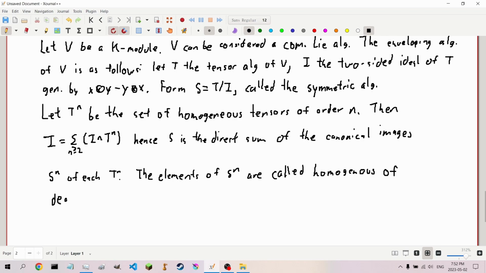And keep in mind why we start at degree 2, because this is symmetric.